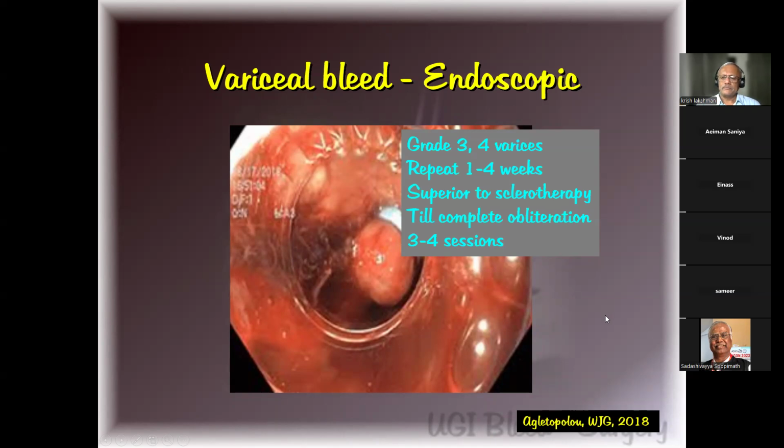I feel personally that applying a band is more mechanical and less skilled than sclerotherapy, because sclerotherapy needs to be learned over a period of time. If you master sclerotherapy, that has a lot of advantage in many other therapeutic procedures, because that needs precision.